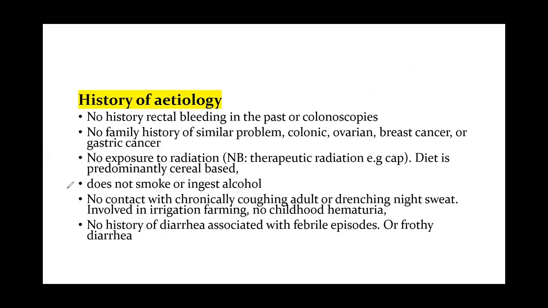No history of rectal bleeding in the past or colonoscopy. If you follow the lecture carefully, the risk factors we mentioned: benign lesions, adenomas. And usually adenomas, they will be having rectal bleeding in the past, but they don't have those 3 A's of malignancy.